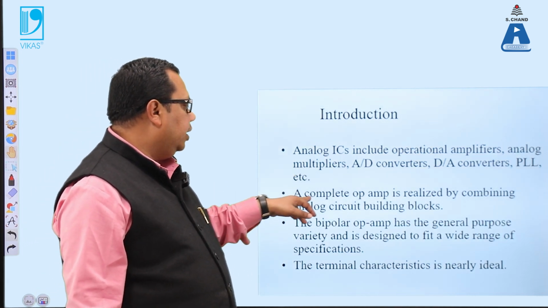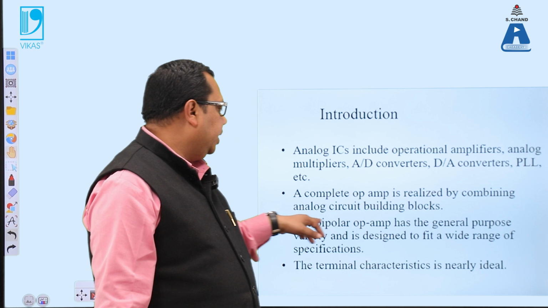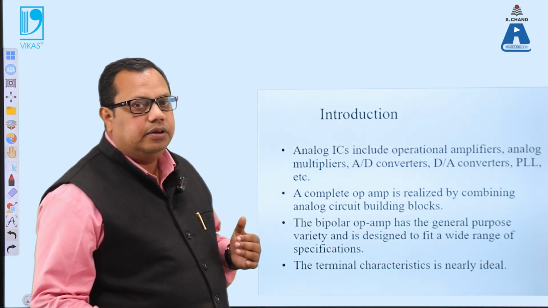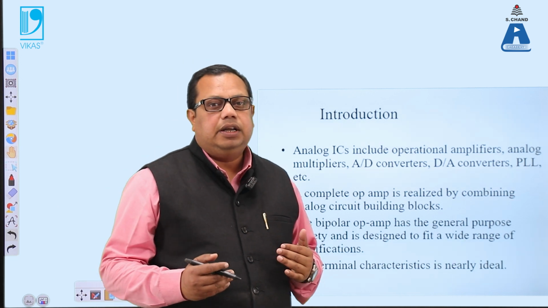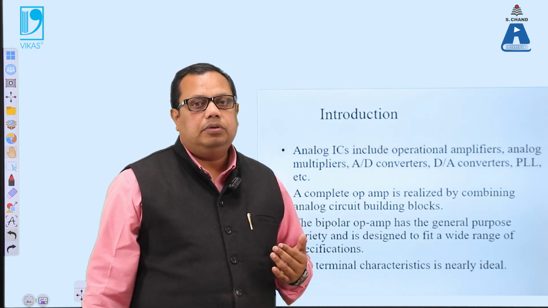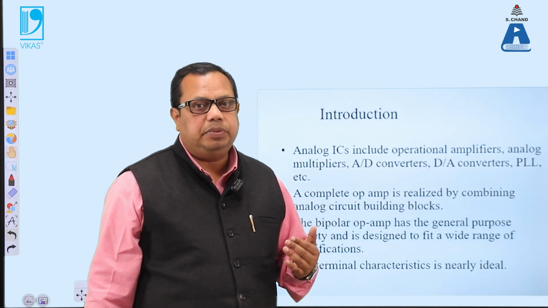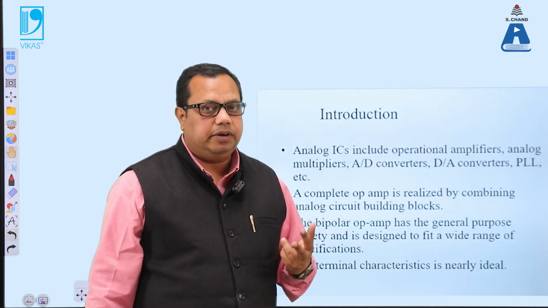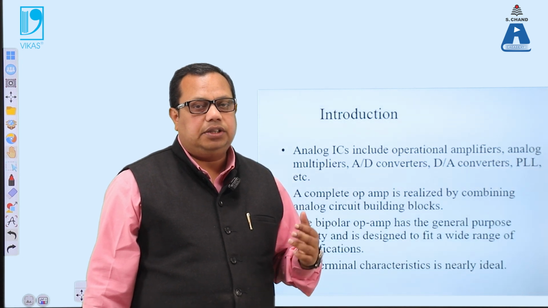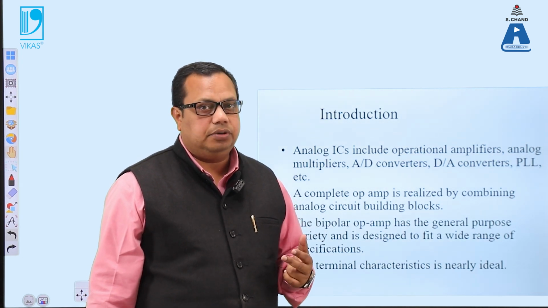Then a complete op-amp circuit is realized by combining analog circuit building blocks. What we have done in the lower classes is study the PN junction diode, the two junction device. Then the two junction device was used as a three junction device for the PNP transistor.